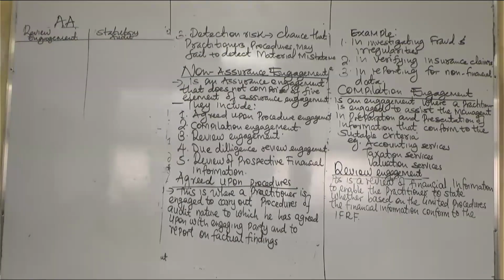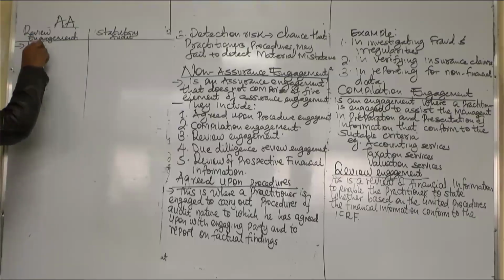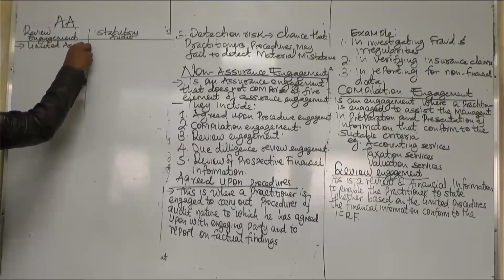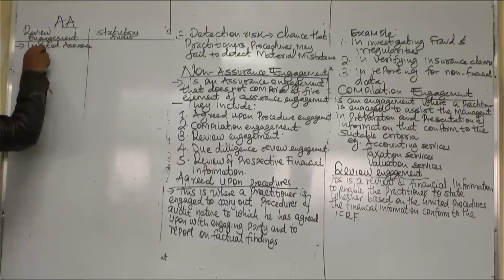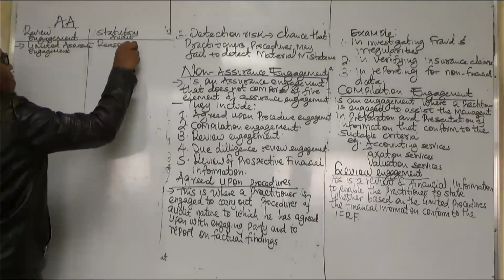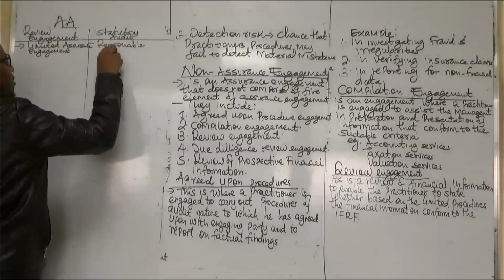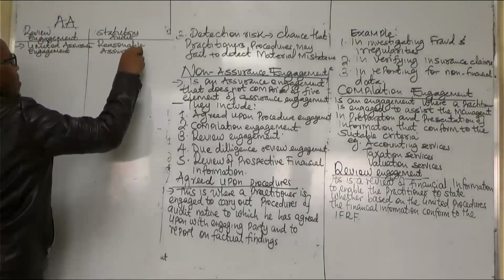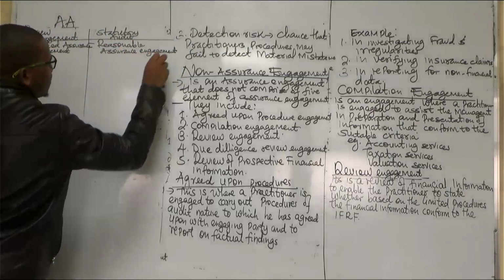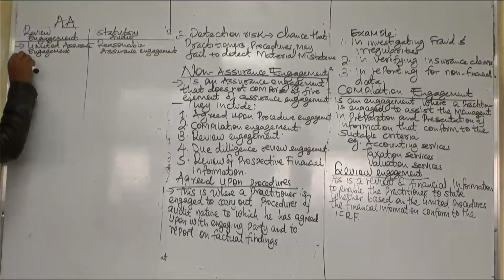Now, the difference is here: this is a limited assurance engagement. This is a reasonable assurance engagement. For this other one, the engagement risk is higher.